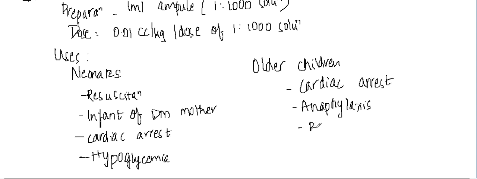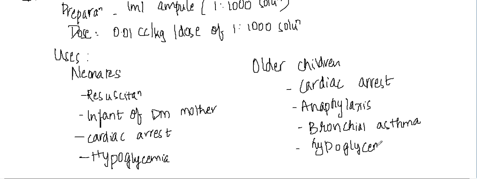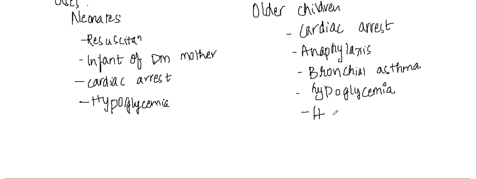Adrenaline is used in bronchial asthma or hypoglycemia. It is used in hemostasis. As hemostasis, it is used in epistaxis. Okay, so these are the different uses of adrenaline.